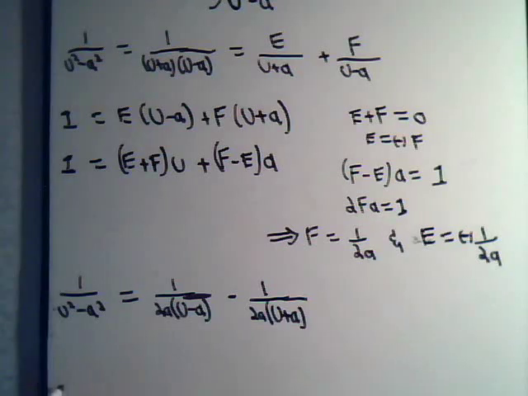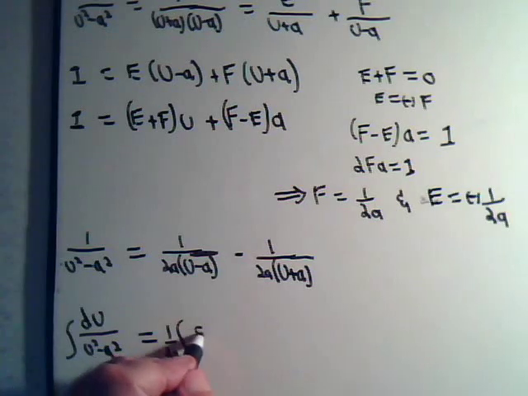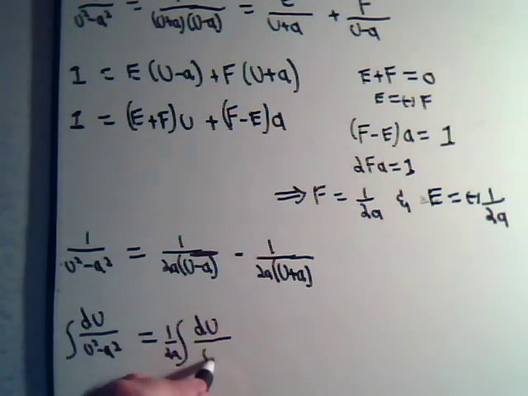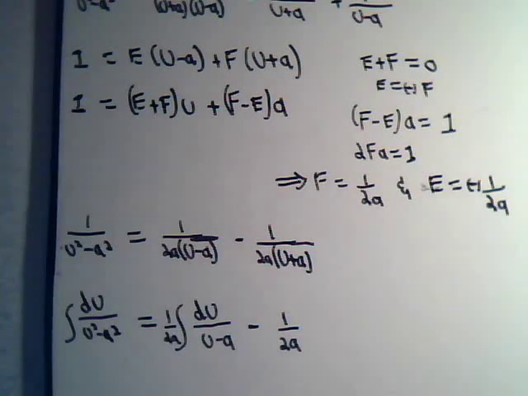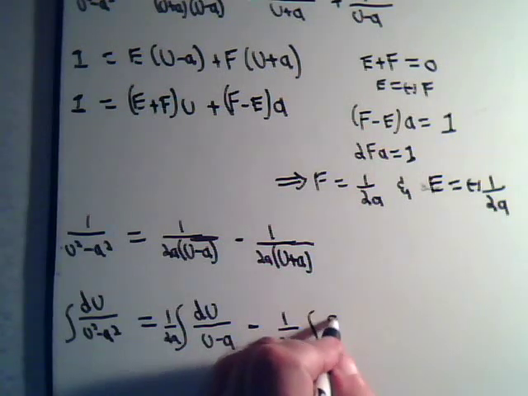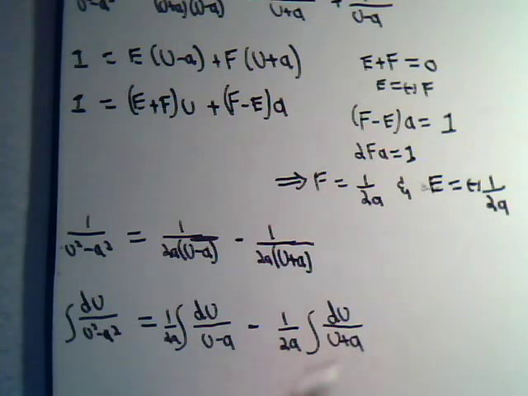Alright, so our integral then of du over u squared minus a squared, we broke up into two integrals. We have 1 over 2a times the integral of du divided by u minus a, minus 1 over 2a times the integral of du divided by u plus a.